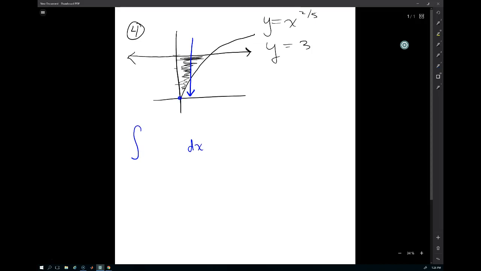We need to know the bounds in the x direction, how far left and how far right this graph goes. Since we're staying in the first quadrant, it is bounded by 0 on the left. On the right, that bound is where y equals 3 and y equals x to the 2/5 intersect. So when they intersect, that means they're equal.